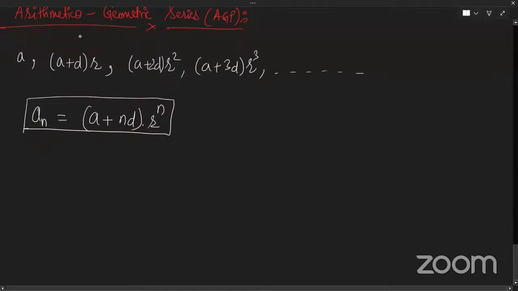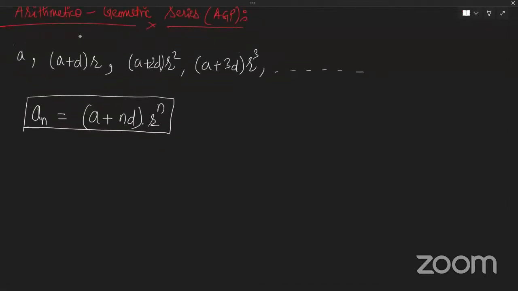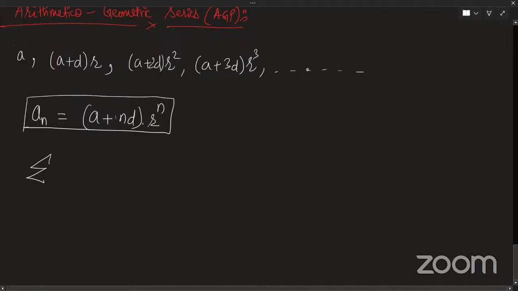Now taking its sum, how can you take its sum? If I try to use the same method I did earlier, if I try to write it as sigma and split it, it will be sigma a r raised to n plus sigma n d r raised to n.